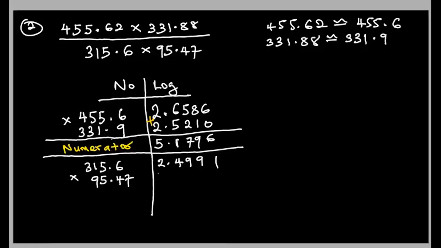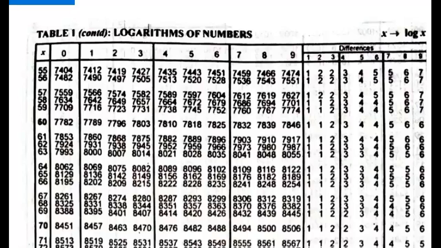It has 2 digits. So as we know, we will always do a minus 1. So 2 digits minus 1 still leaves us with 1. Now we will find 95 under 4 difference 7.